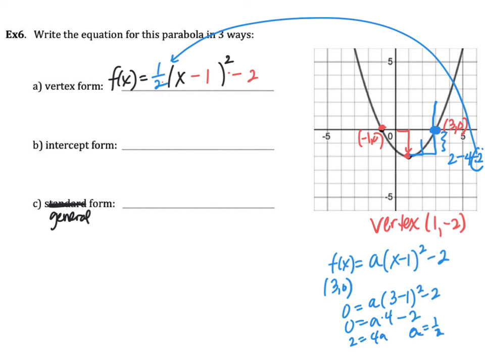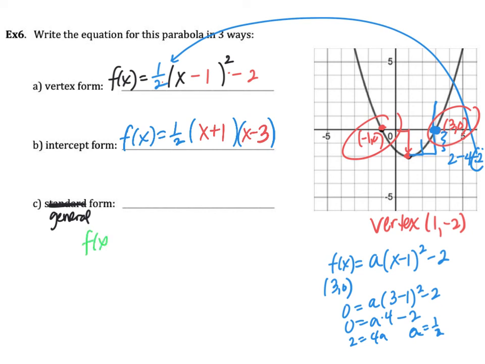But now that you know your a value, you can do that for intercept form as well. So your intercept form, we have an a value of 1/2, and then all we do is insert our 2 intercepts. So it's x plus 1, x minus 3. Super easy. And then what do you do for the last bit? Well, hopefully you know you are just going to expand.